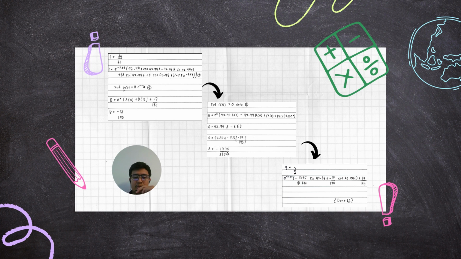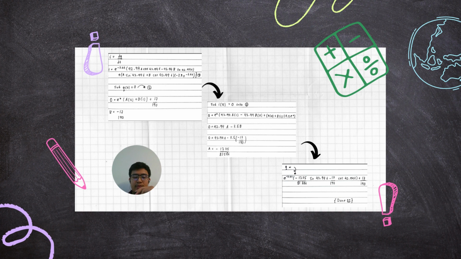Q(0) equal to 0, inserted into equation 2: 0 equals e^0 (A times 0 + B times 1) plus 17 over 190.